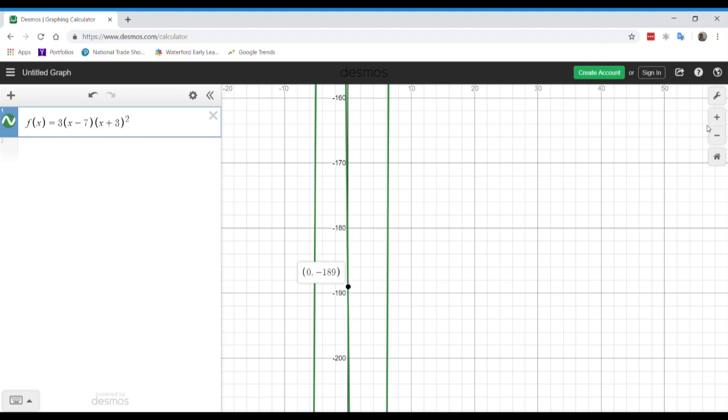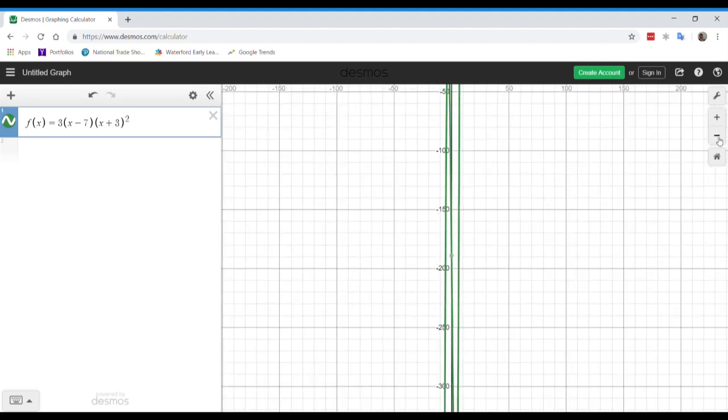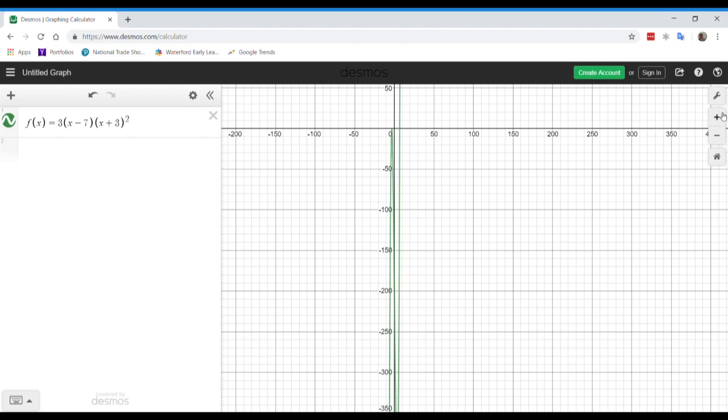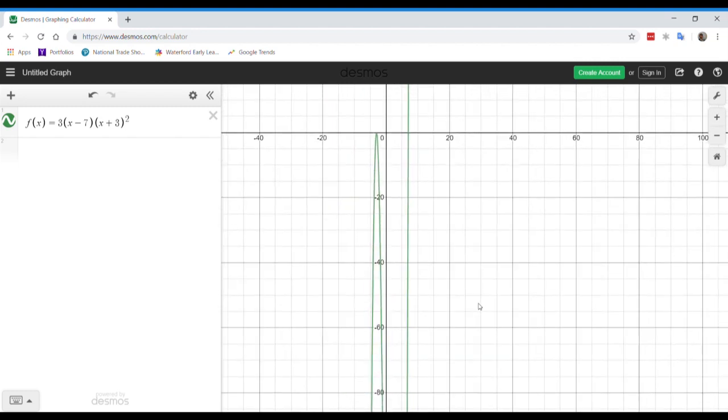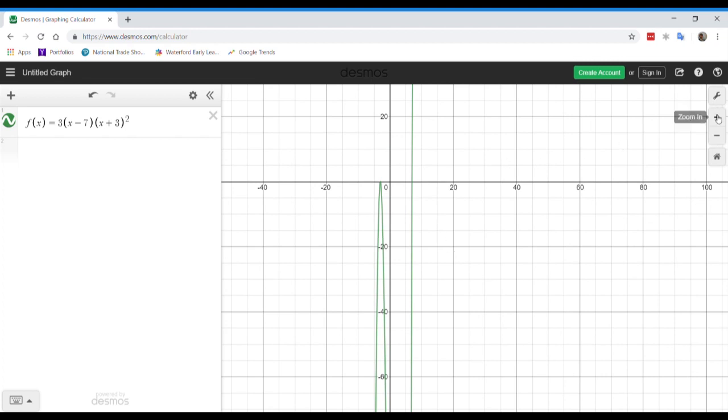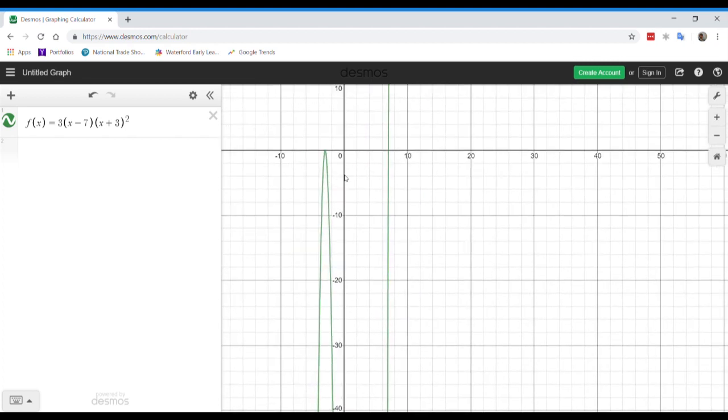But the general shape of our sketch does match the actual graph, where we're showing where it crosses. Here it's staying in the negative region. It doesn't go positive until it crosses 7.